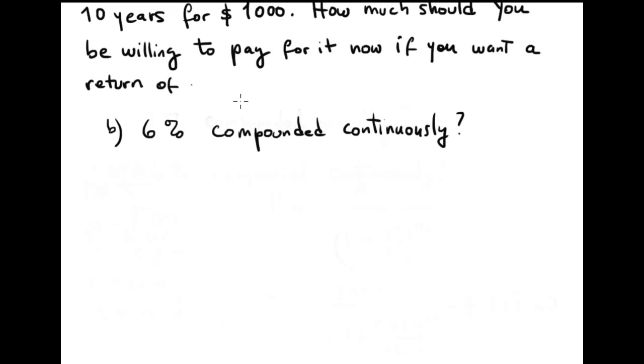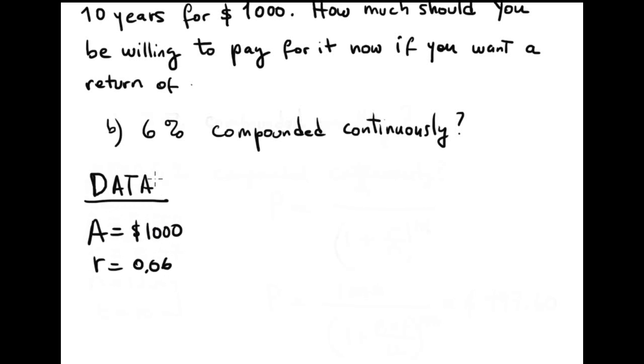Okay, the second part of the problem is 6% compounding continuously. And the data that we have in the problem is the future value again is 1,000. R in this case is 0.06 because it's 6%. And T is equal to 10 years.